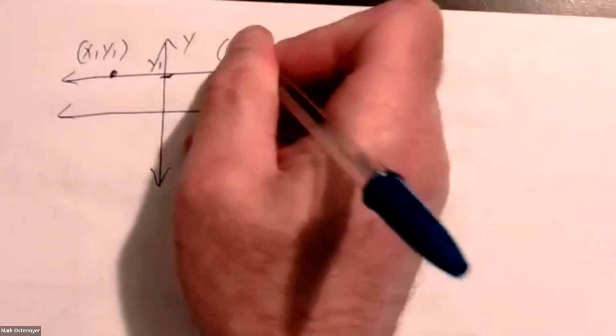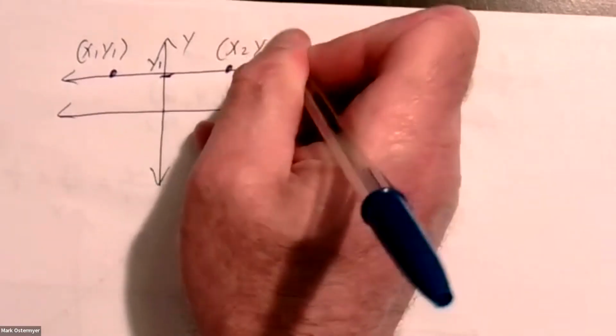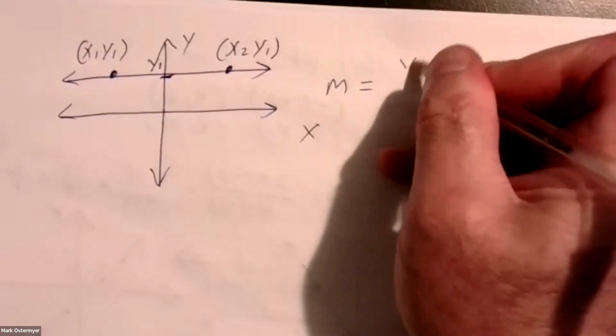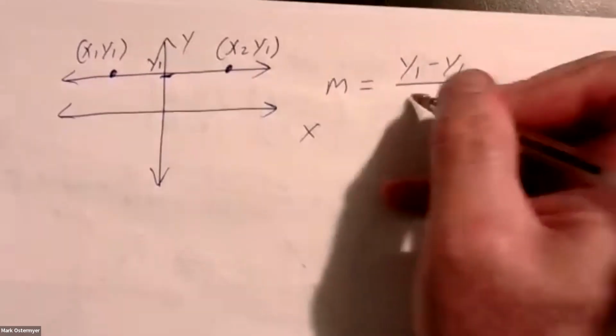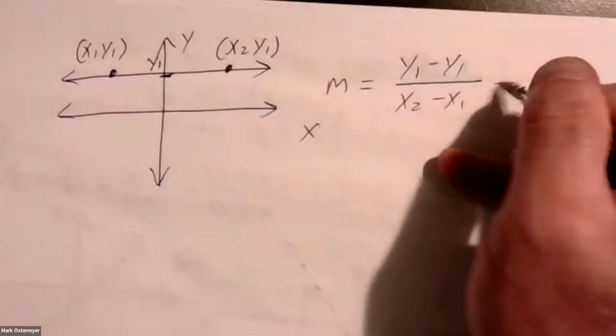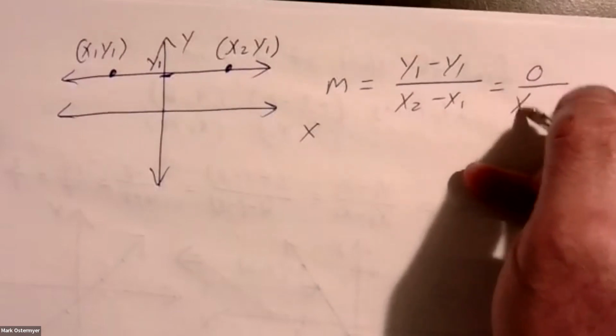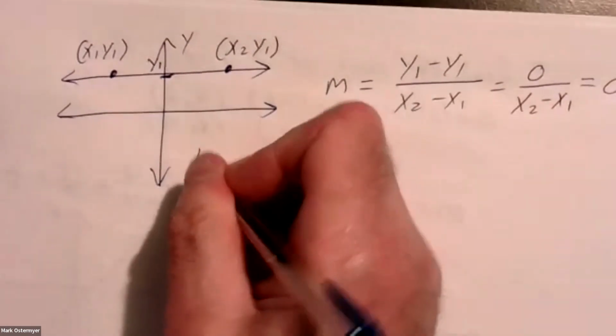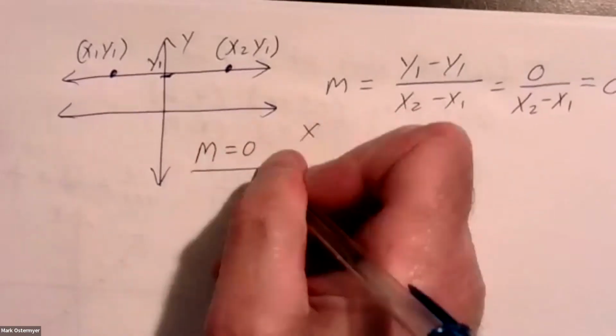The x coordinates will be different, but the y coordinates will be identical. Therefore, if you try to compute the slope of a horizontal line, the y coordinates being the same, you're going to get 0 in the numerator. And what's 0 divided by any non-zero real number? This will be 0. So horizontal lines always have 0 slope.